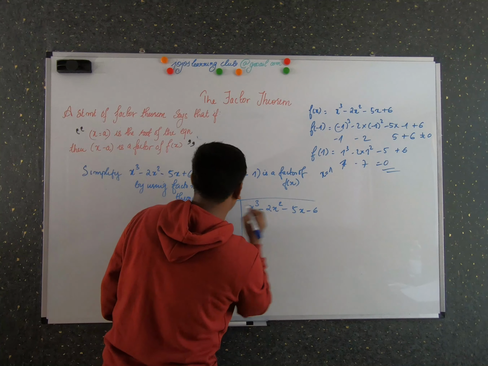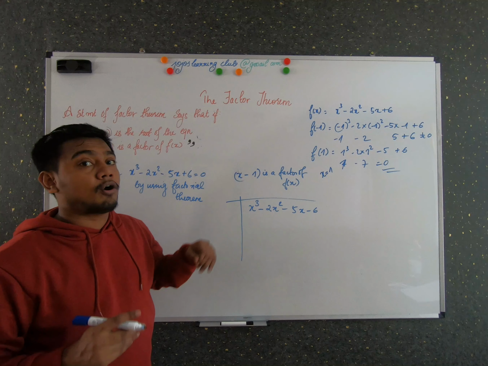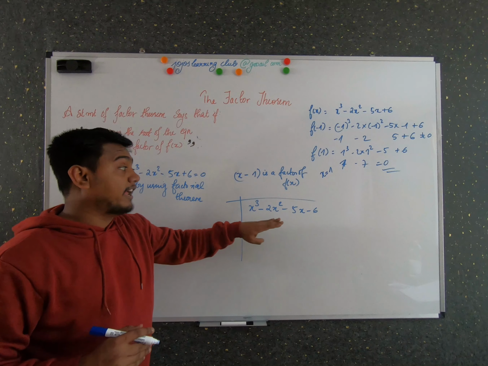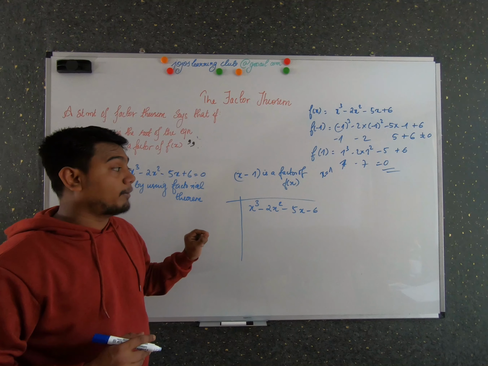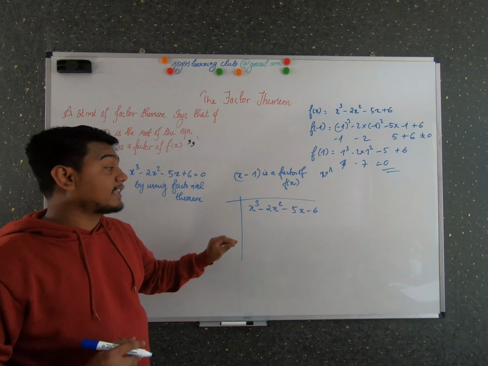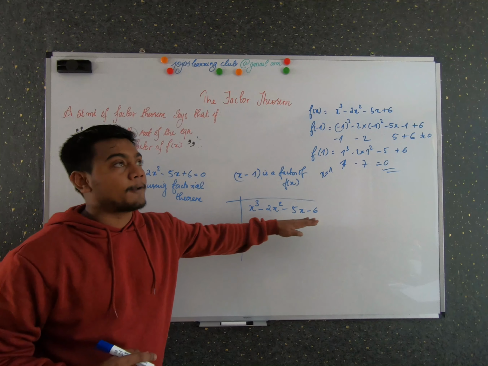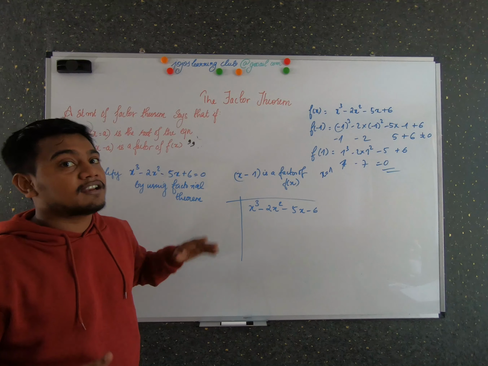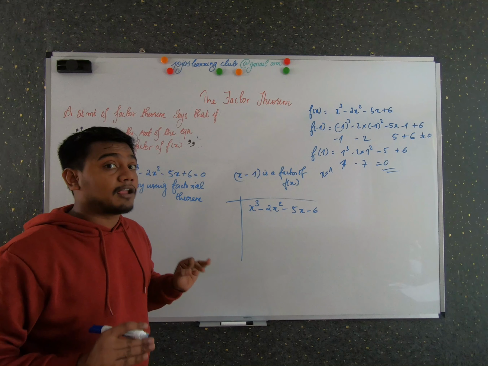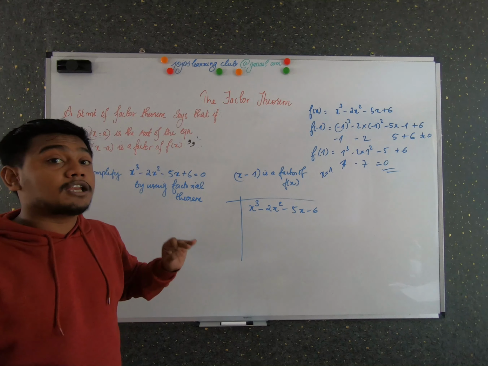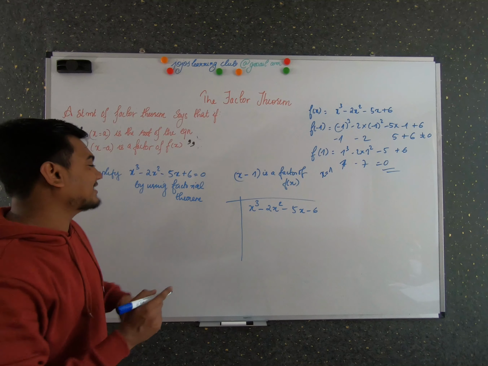Remember what you have to do in polynomial division: you have a cubic equation or any polynomial expression, then you must always write it in descending order, I mean with the highest powers first. By default in the question it is given like that. If it is not given in the question, you have to always remember and try to write like this. Only then will you come to a correct answer.